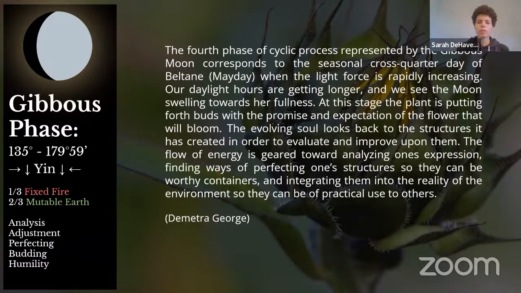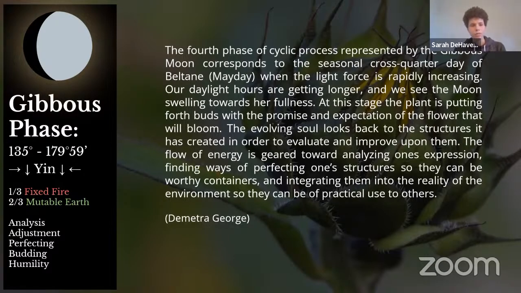At this stage, the plant is putting forth buds with the promise and expectation that the flower will bloom. The evolving soul looks back to the structures it has created in order to evaluate and improve upon them. The flow of energy is geared towards analyzing one's expression, finding ways of perfecting one's structures so that they can be worthy containers, and integrating them into the reality of the environment so they can be of practical use to others.